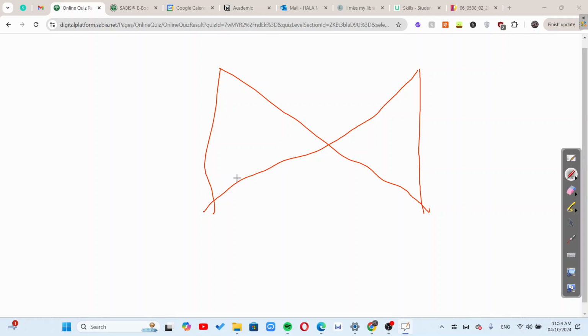I think that they told us this one was 35, and this was 45, and this here is x. They were asking you for x.